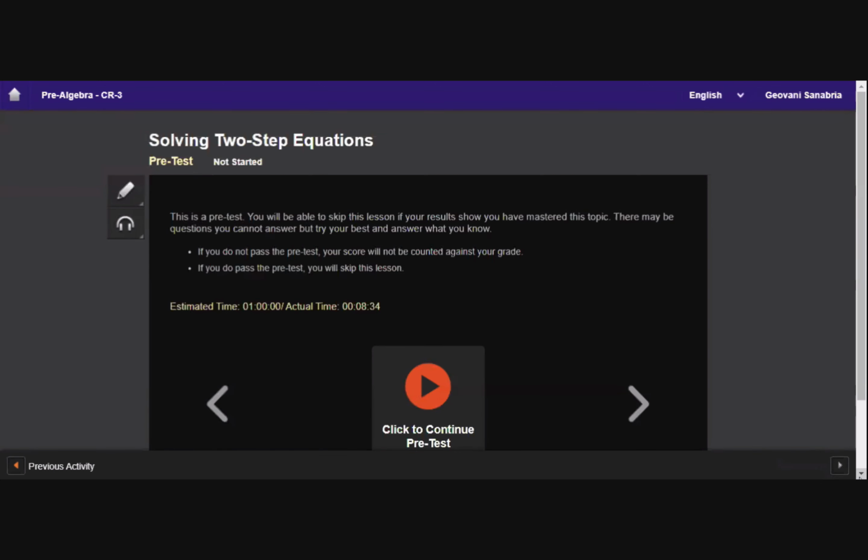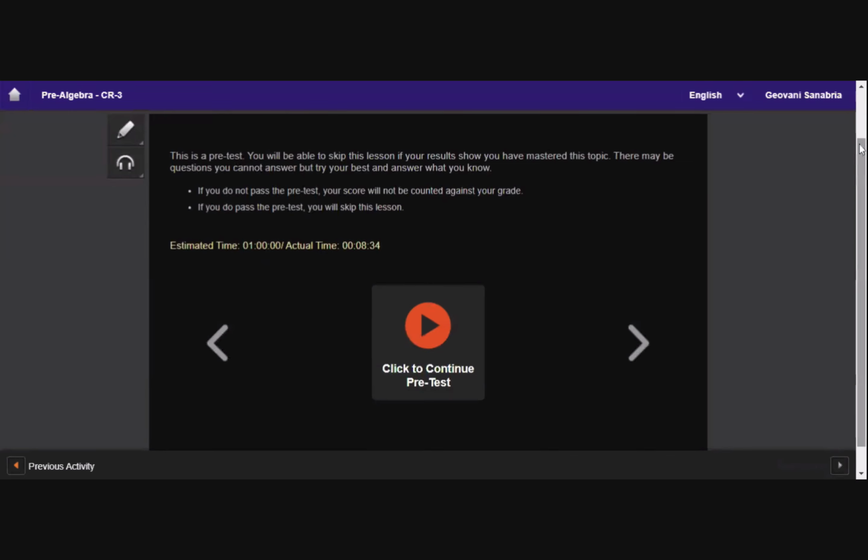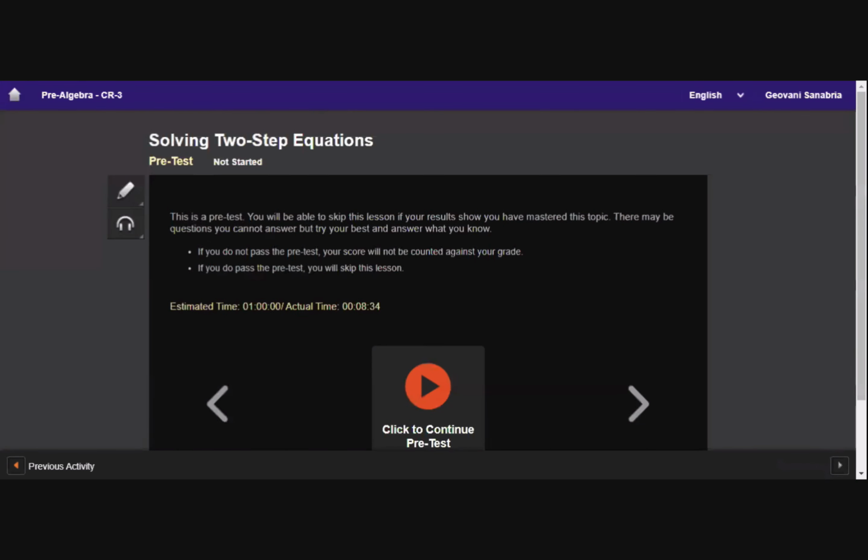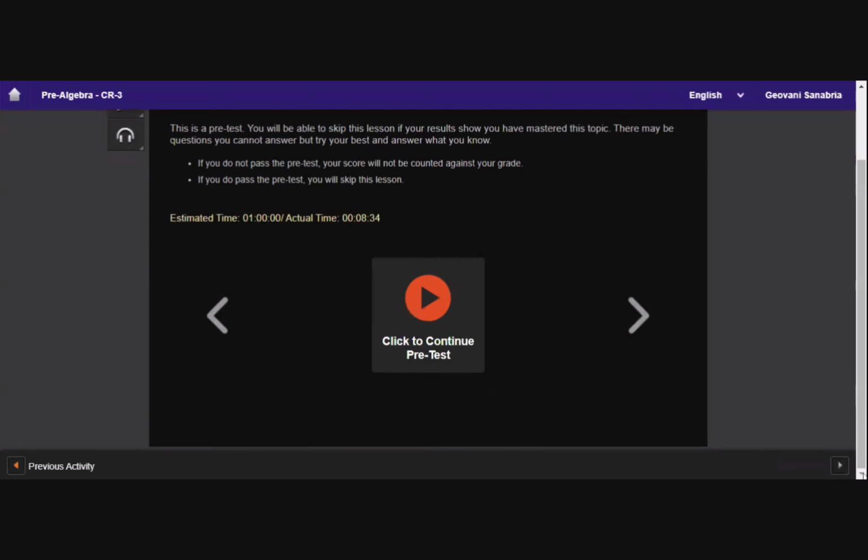Two-step equations. What's the difference? Now instead of there being one fraction, there's two of them on one side with the actual number.